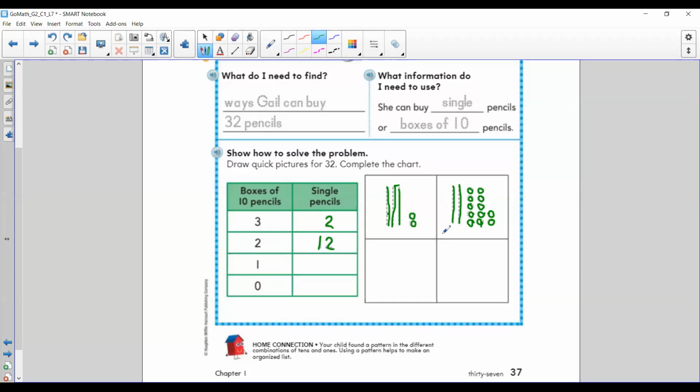Now, if you can see the pattern, we know that in our next square, we're only going to have 1 ten. So we draw 1 ten. That means that we have taken a 10 from here and turned it into 10 ones. And so now, instead of 12 ones, we are going to have 22 ones. So that's a lot of ones that we're going to have to draw.